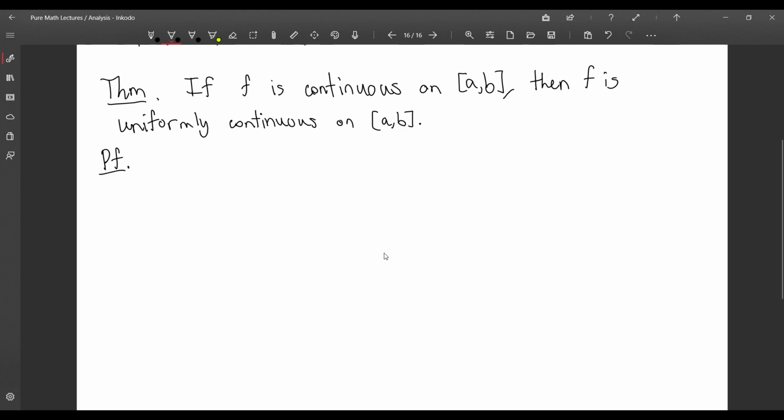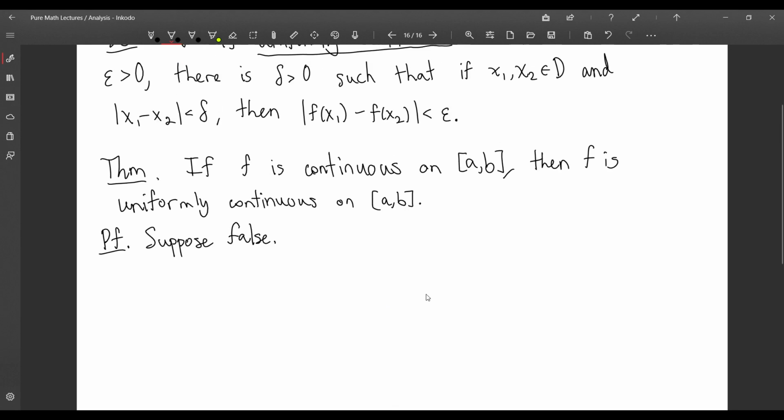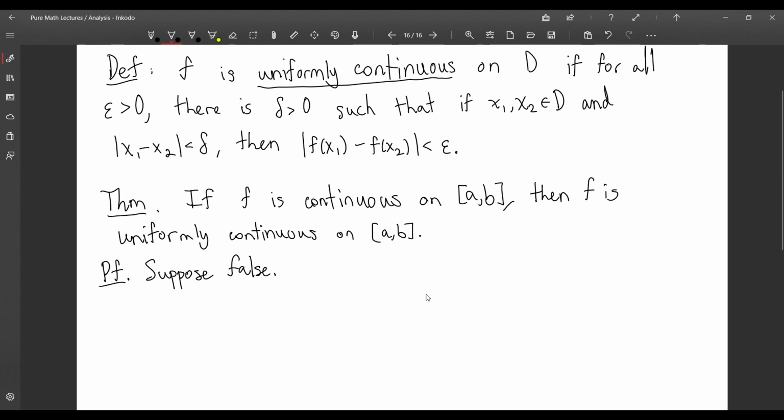Okay, so for the proof, we are going to do proof by contradiction. So if we're assuming it's not uniformly continuous, what does that mean, right?